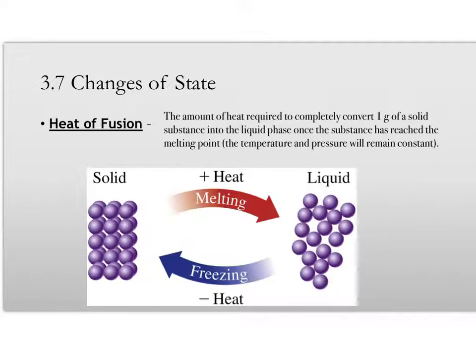And you can keep your thermometer in there for the whole time from which it reaches 0 degrees Celsius and all of the ice melts. The temperature will still remain at 0 that whole time. As that ice is melting, the temperature of the entire mixture stays the same at 0 degrees Celsius.